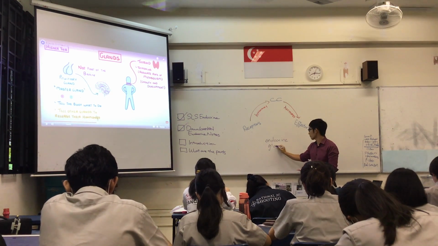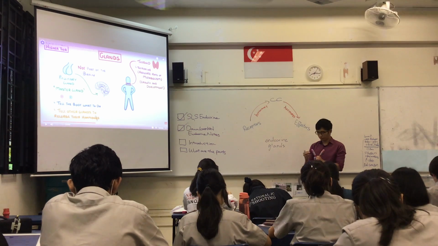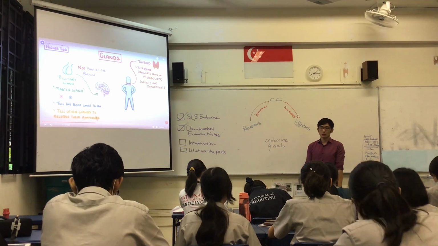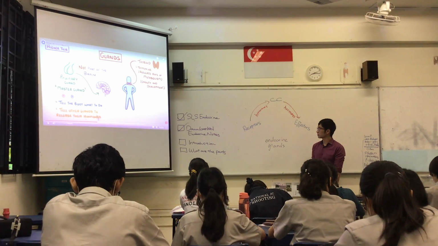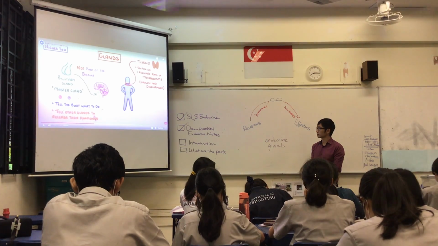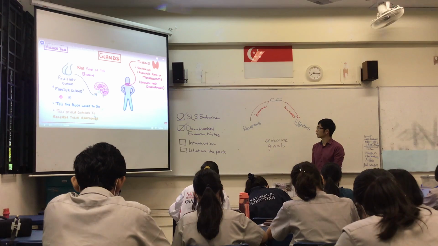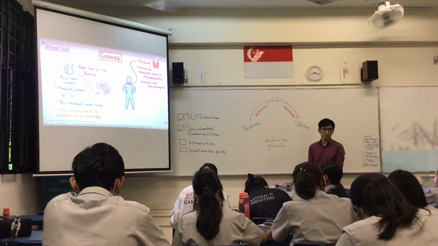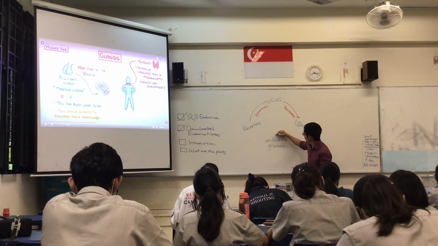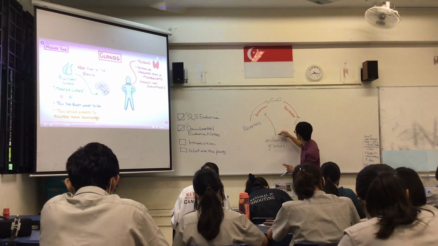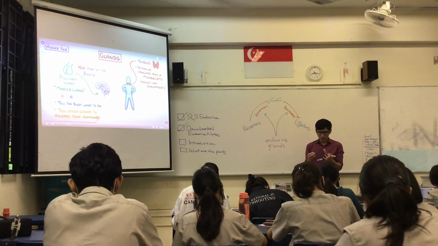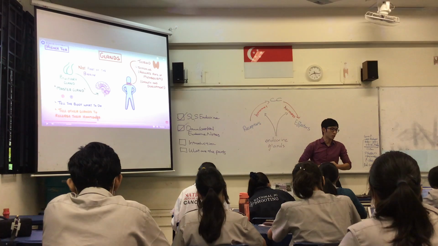Endocrine glands are responsible for producing hormones. They serve as these chemical messengers.